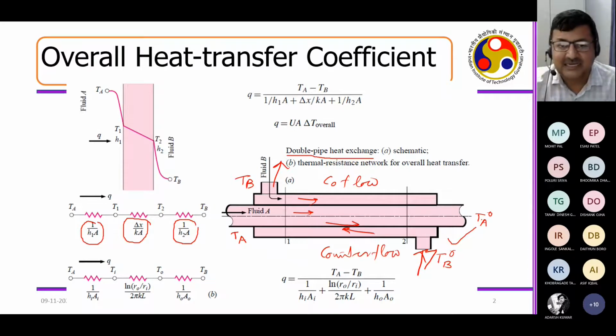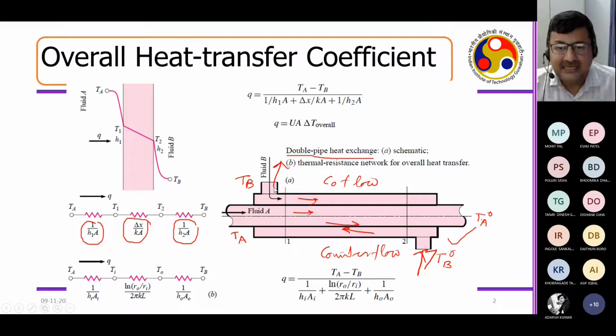So you may see that there is a change of the driving force across the pipe. Whereas in a counterflow, you may expect that fluid A, which is the hottest one, is encountering the cold fluid, which is going out at a much higher temperature than what is coming in, right?